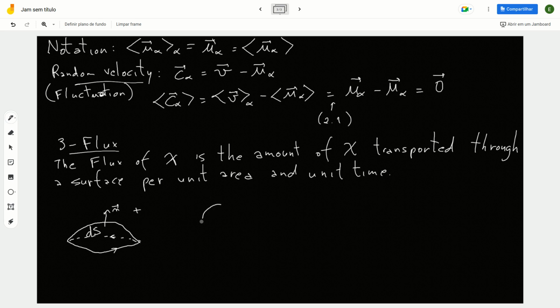If you have a closed surface, then there's no problem. The outward normal will be the positive. Okay? This is the positive. If the surface is closed, sorry, this should be unit normal, right? So if you have a closed surface, this is a surface.